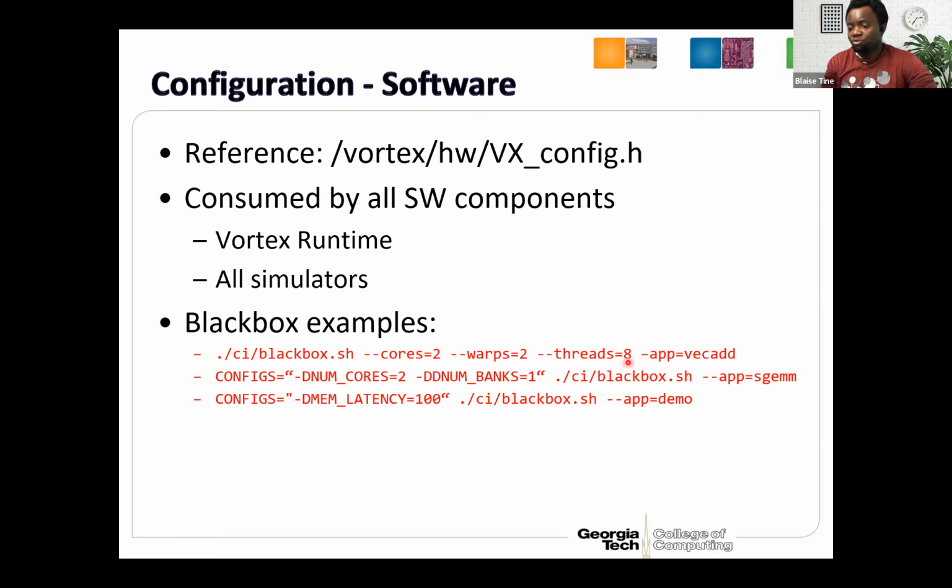This information, behind the scenes, is translated into a configuration script. So you can run the same script by passing the configuration as a command-line argument like this to make it easier for users, or you can do it manually by passing the configuration information directly using this method.